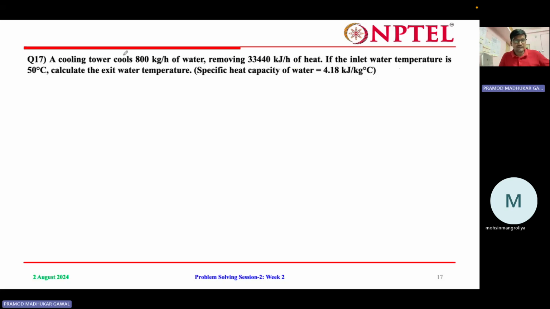So here the water flow rate is given, how much heat removed is given, and the inlet temperature is given. So we have to calculate the exit temperature. Cp is given. Calculate and tell the answer. I explained the concept already in, I think, question number 15.